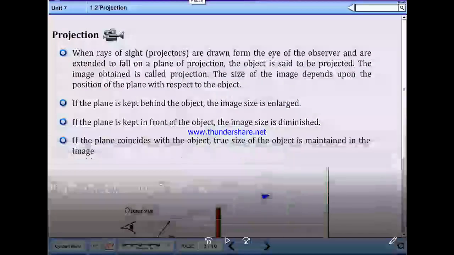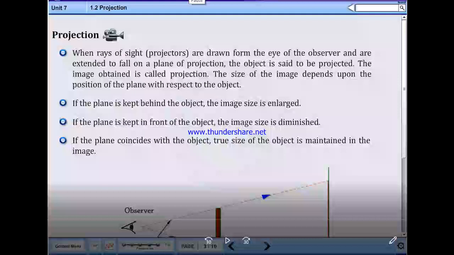Projection: when rays of sight, or projectors, are drawn from the eye of the observer and extended to fall on the plane of projection, the object is said to be projected. The image obtained is called projection.